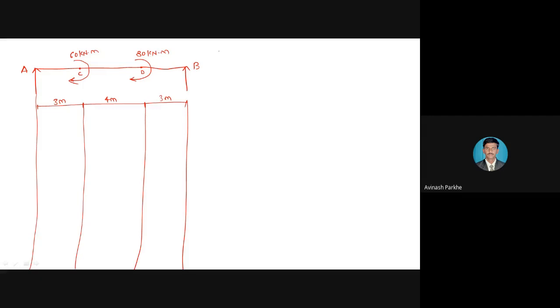Now we can go for the reaction calculation, very simple. Calculate RA and RB immediately and tell me the answer. Reactions: summation of vertical forces is equal to 0. The effect of a couple will not be considered in the reaction calculation or the shear force calculation, because the couple is in kilonewton meter.